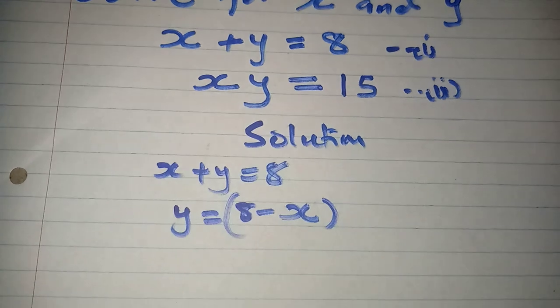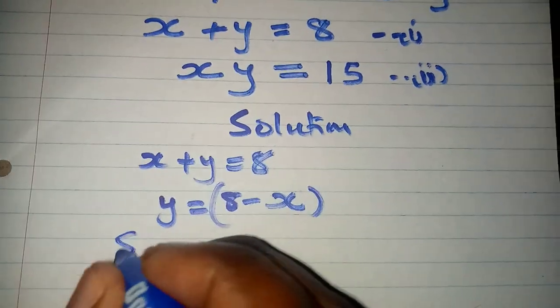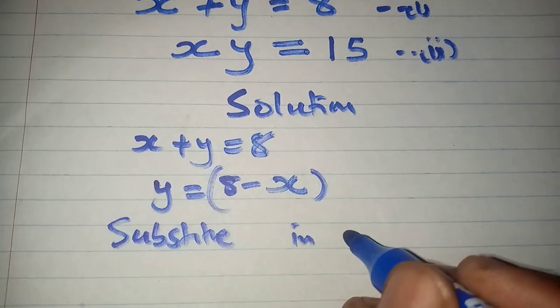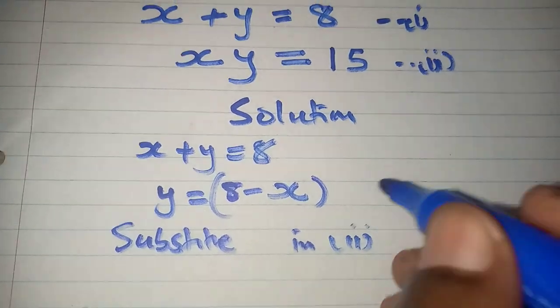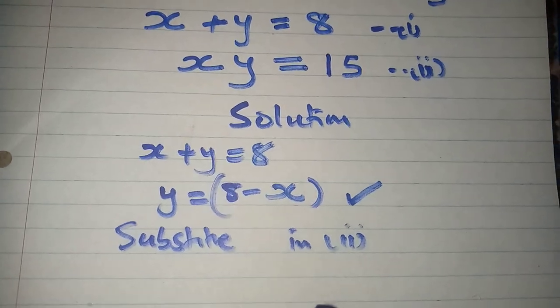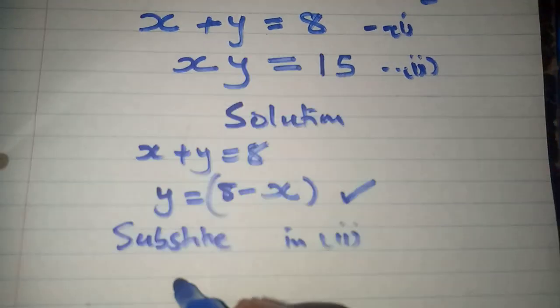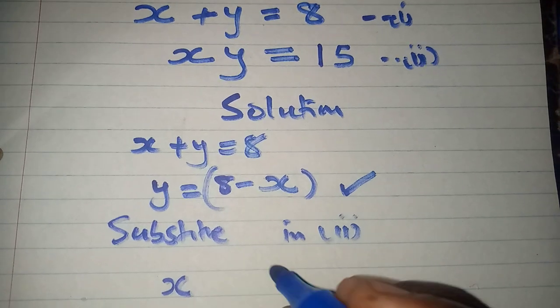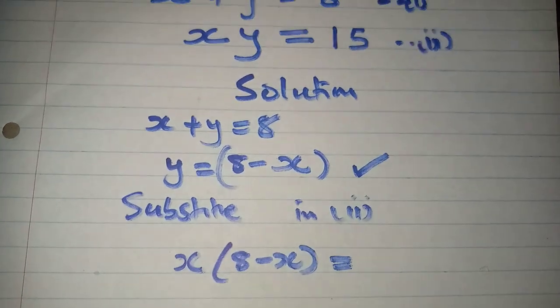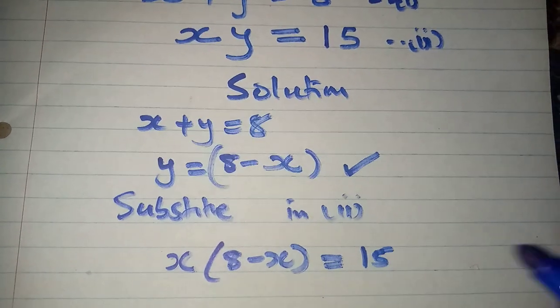Next step, I'll substitute in equation 2. Where there is y, I'll put 8 minus x, so x(8 minus x) should be equal to 15.